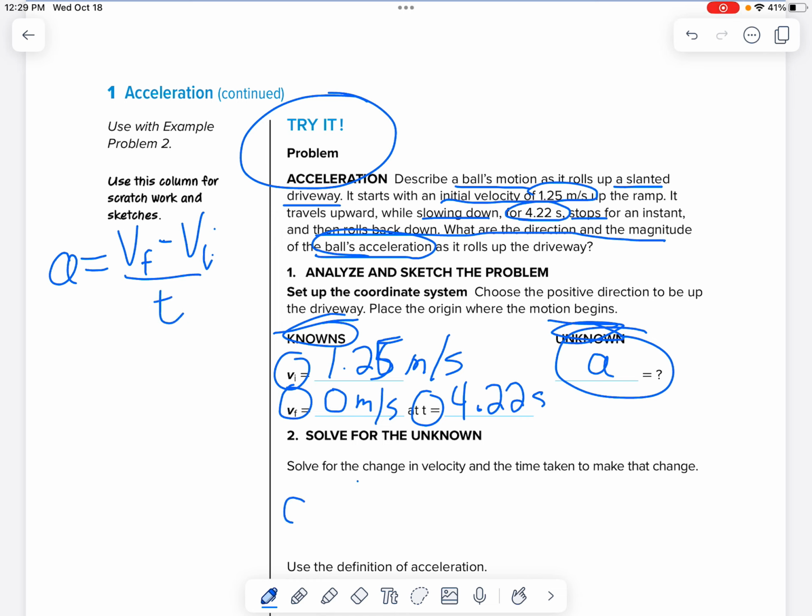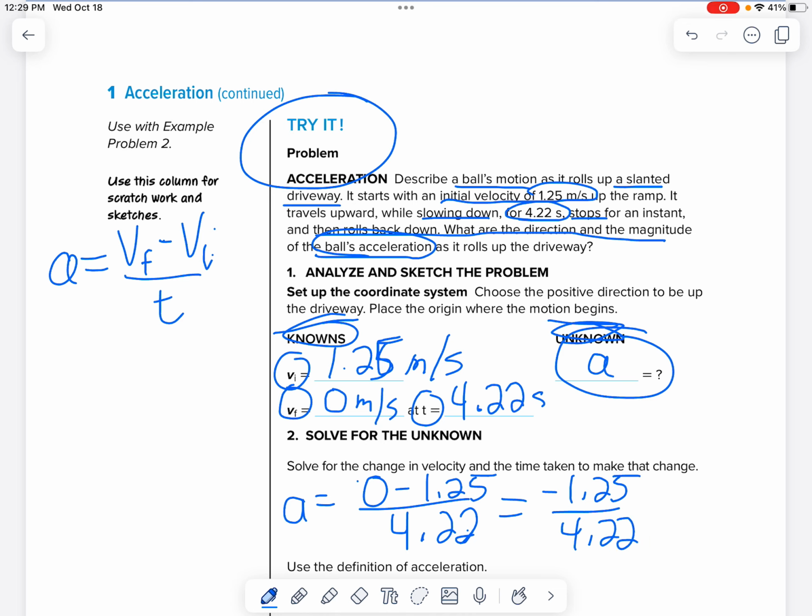So I just have to plug in those values. My final velocity is 0, initial is 1.25, divided by the time of 4.22. You're going to take out your calculator and find out what that value is. You can finish that up.